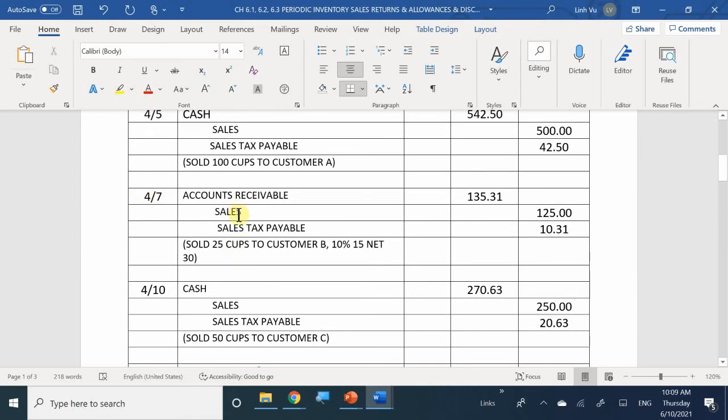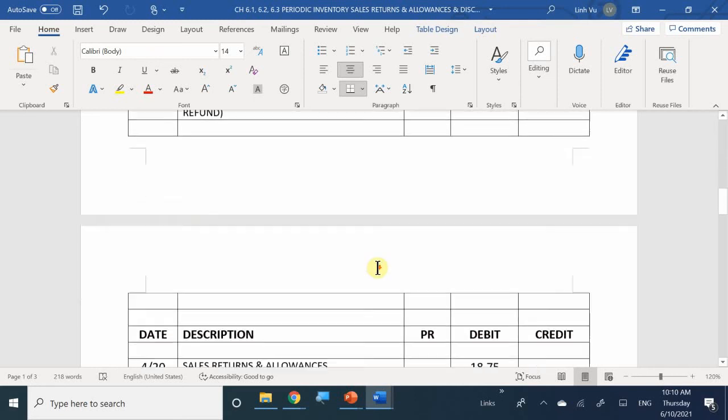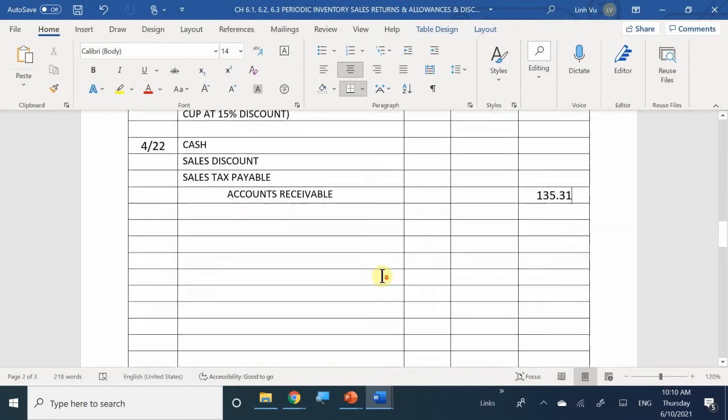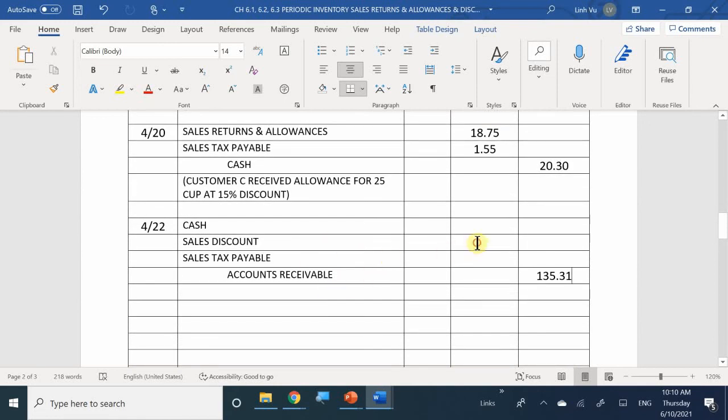How much was the original sale? 125, times 10%. $12.50 is going to be the discount. Excellent. 10% of 125 is $12.50.